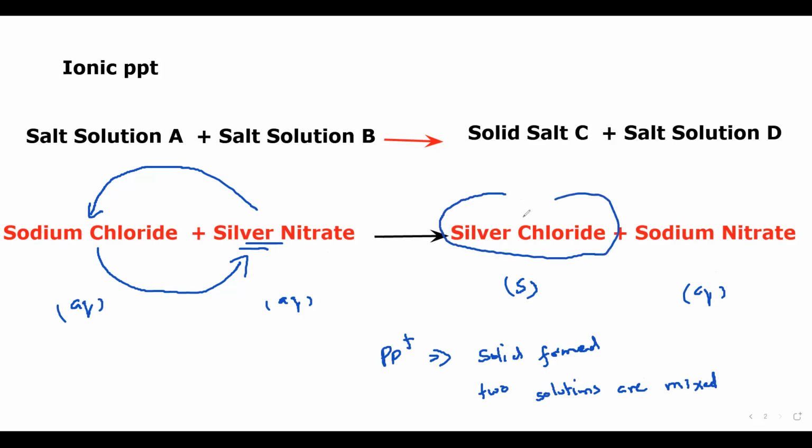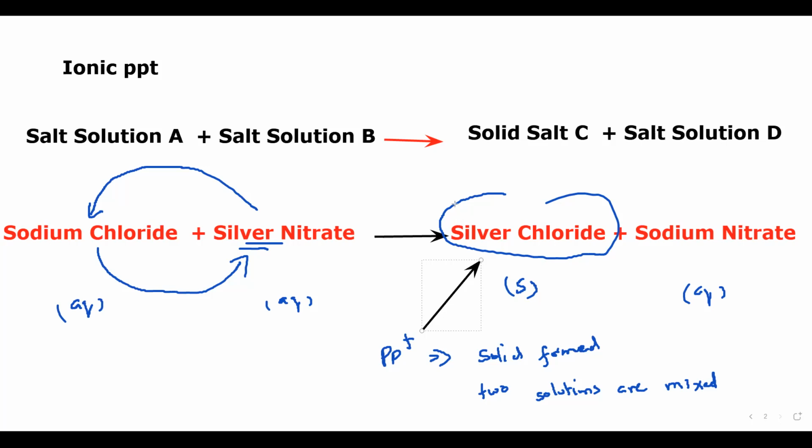The solid here is silver chloride. So in this case, this precipitate is silver chloride, because precipitate is a term which is used when a solid is formed when two solutions are mixed together. So silver nitrate plus sodium chloride gives silver chloride plus sodium nitrate.